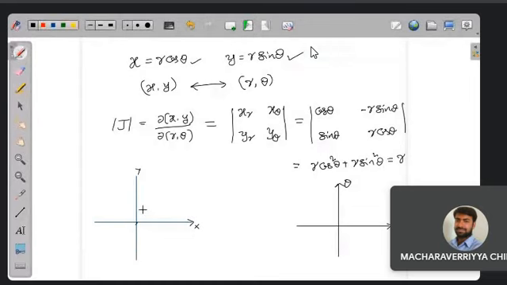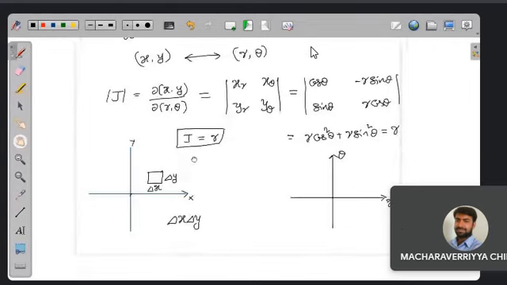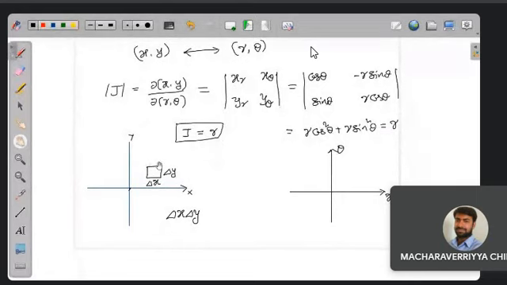So here, what it tells me is the Jacobian is r, right? So the Jacobian of xy with respect to r and theta we got is r. It means if I take a small change here, that is delta x into delta y, the area of this box is nothing but delta x into delta y. Now that box may be transformed like this here.